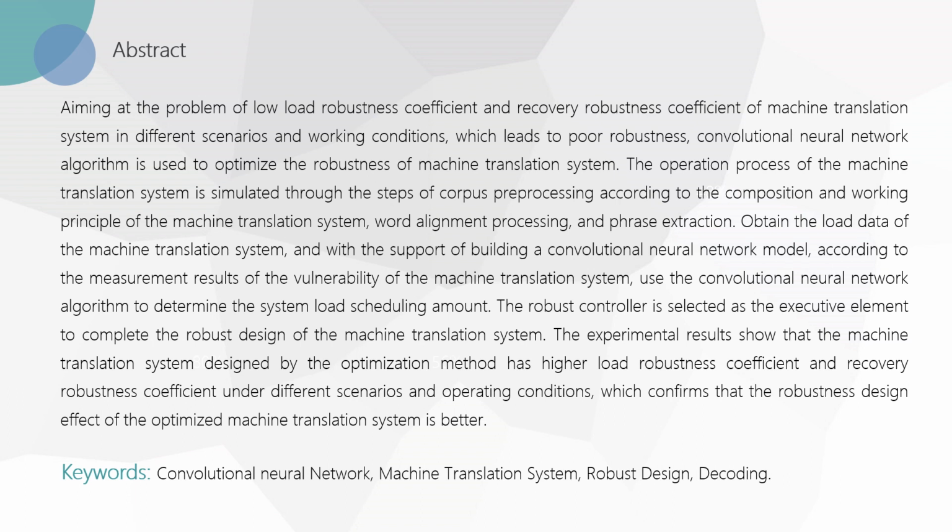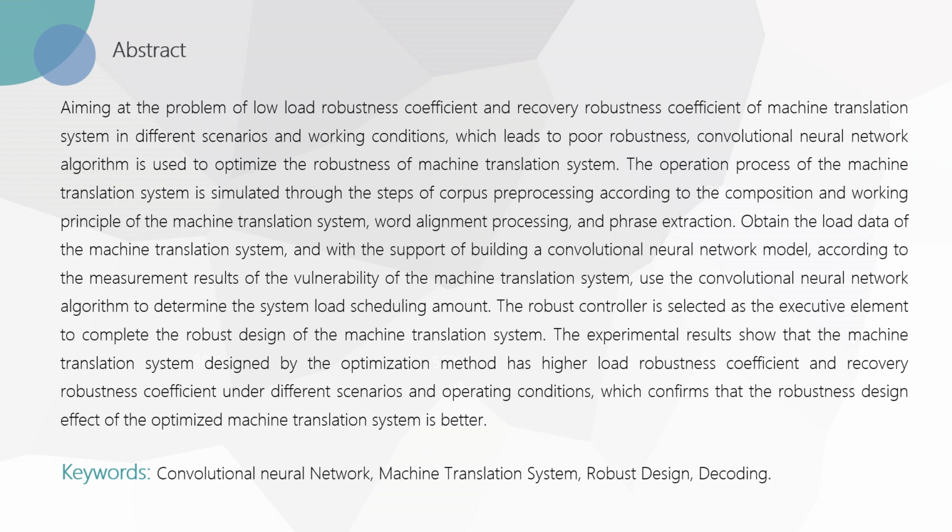Aiming at the problem of low-load robustness coefficient and recovery robustness coefficient of machine translation system in different scenarios and working conditions, which leads to poor robustness, a convolutional neural network is used to optimize the robustness of the machine translation system.